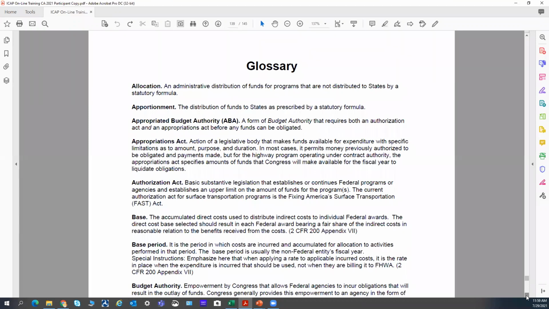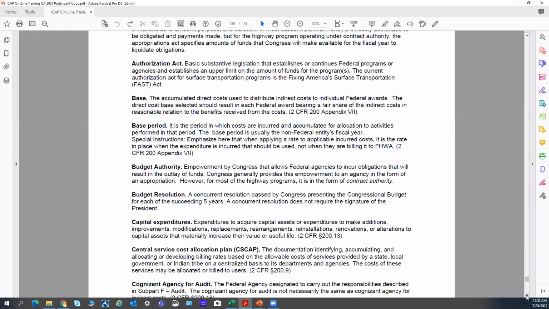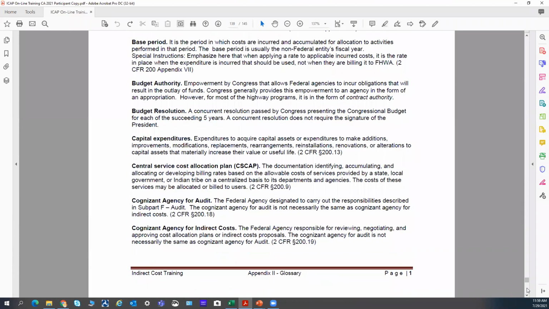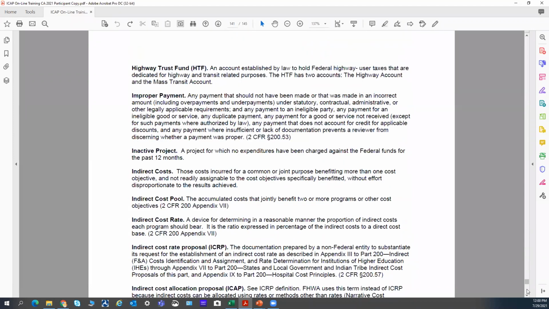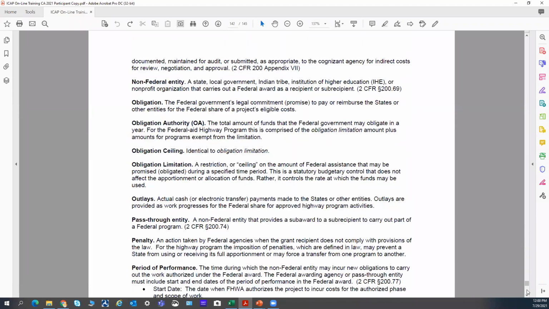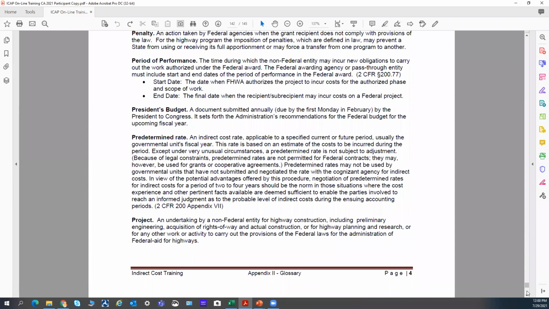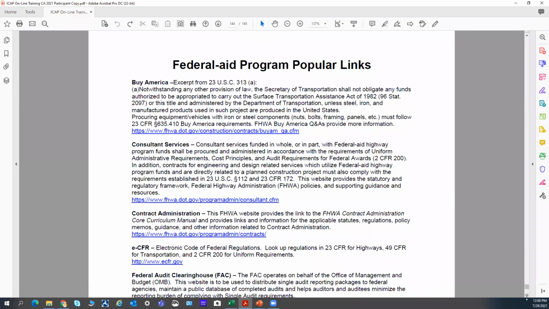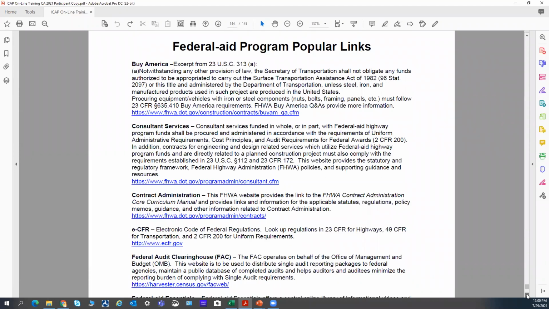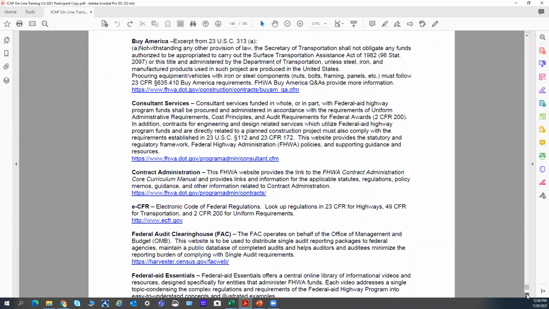Also a glossary of terms that was added by us has nothing to do with the indirect cost allocation plan example we were showing. The glossary is very helpful anytime you're dealing with FHWA or even federal agencies, because they're all pretty much the same now that 2 CFR 200 came out. Here are some popular links that Bob included as well.